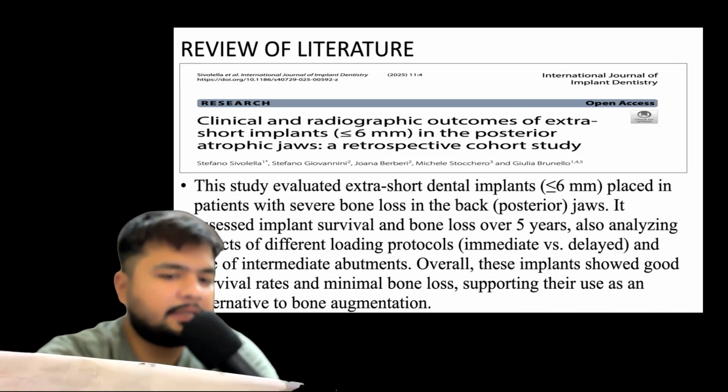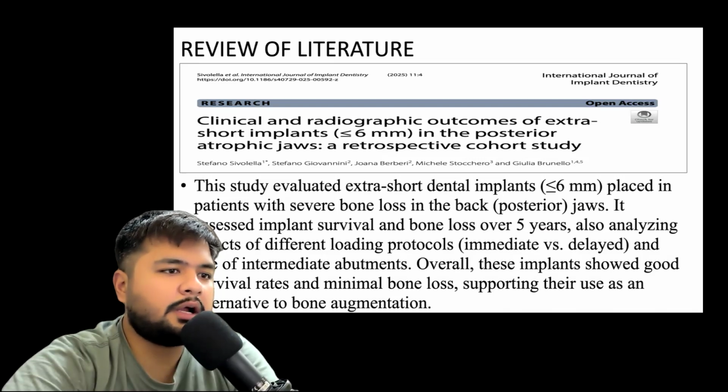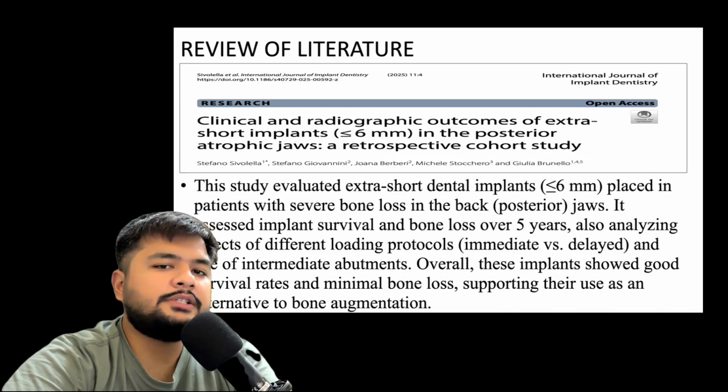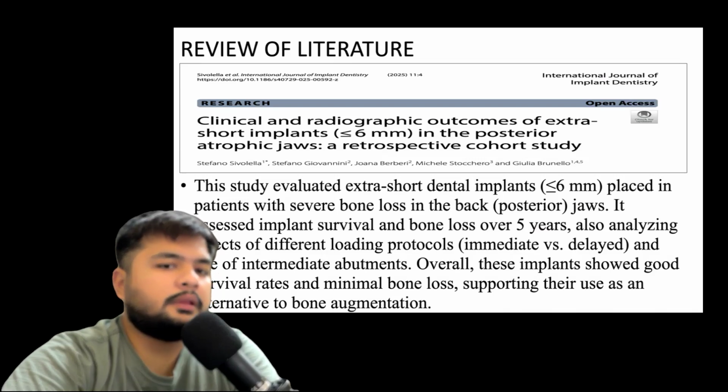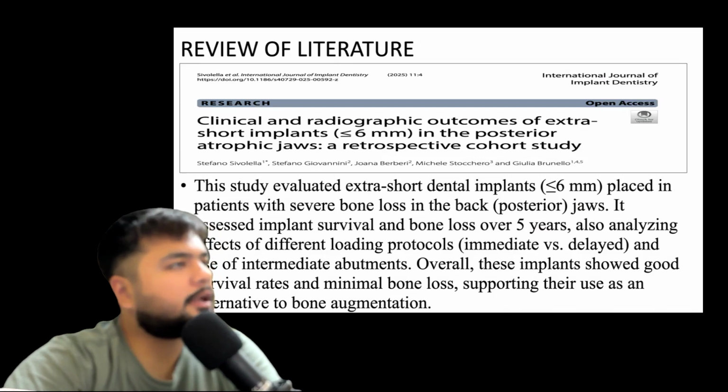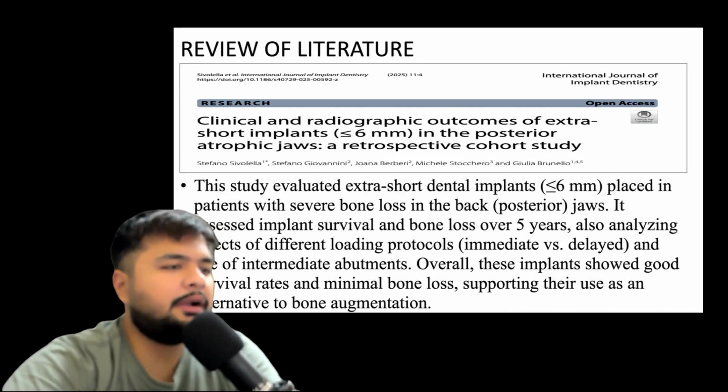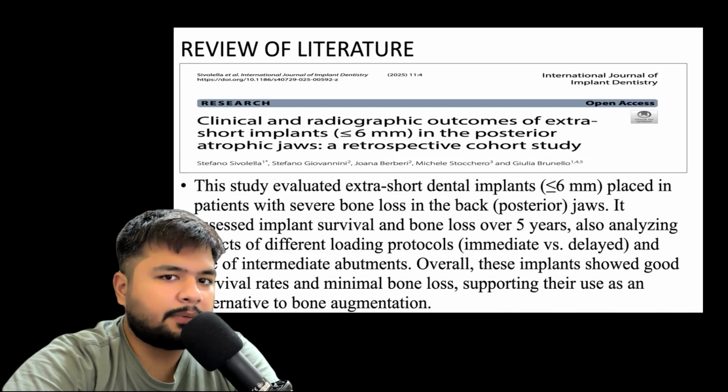Then exclusion was untreated periodontal disease, need for bone regeneration, chemotherapy and radiotherapy, and anti-resorptive drugs. Then the primary objective was to check the implant survival rate and the marginal bone loss, and the impact of loading. There was a comparison between conventional and immediate loading of the short implants as well.